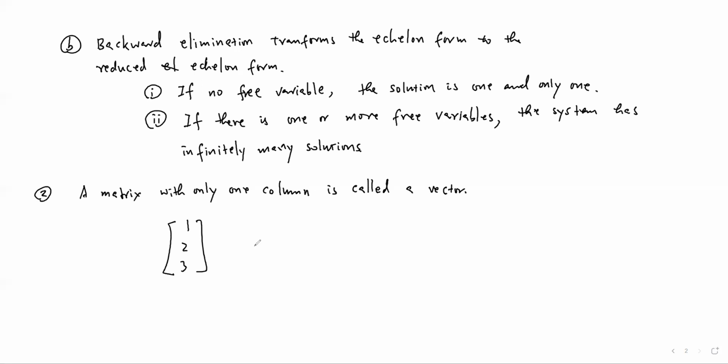About a vector, geometrically how to represent a vector? This is 3-dimensional, so in the 3-dimensional space, suppose that this point is the origin. We use a point whose coordinates are 1, 2, 3 to represent a vector.